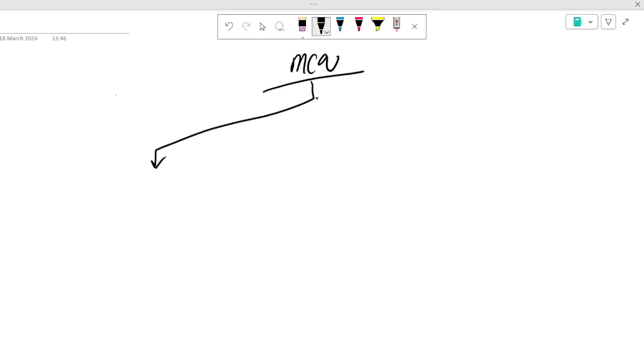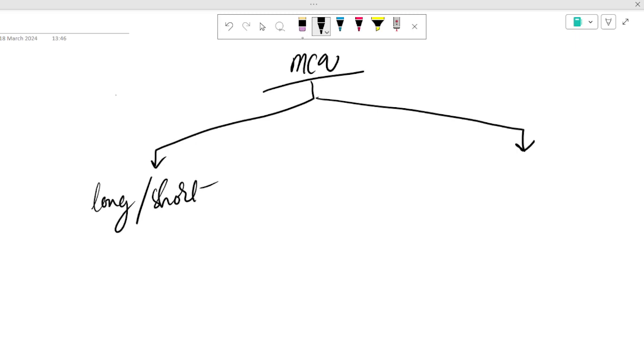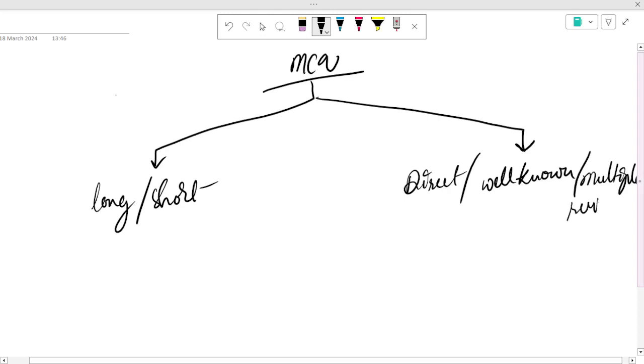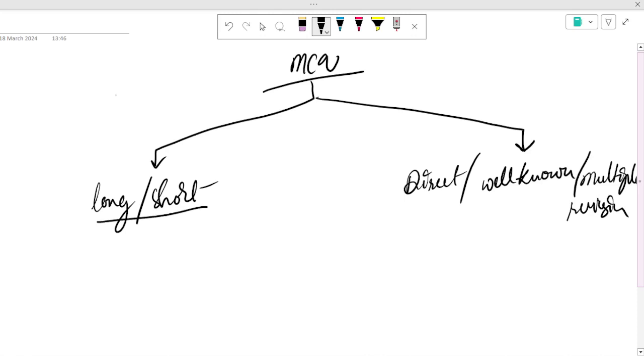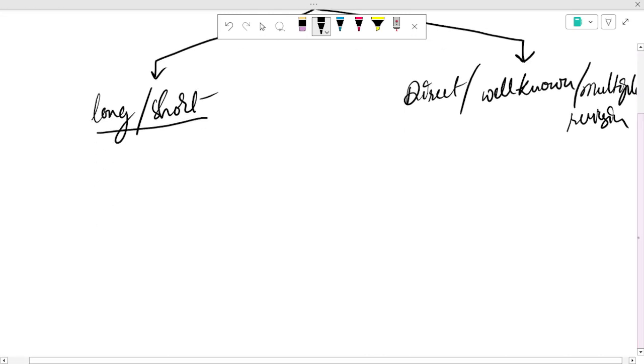So first check the two scenarios. First, whether the question is long or short. Second, whether the question is a direct question, a well-known question, or a topic you have revised multiple times.